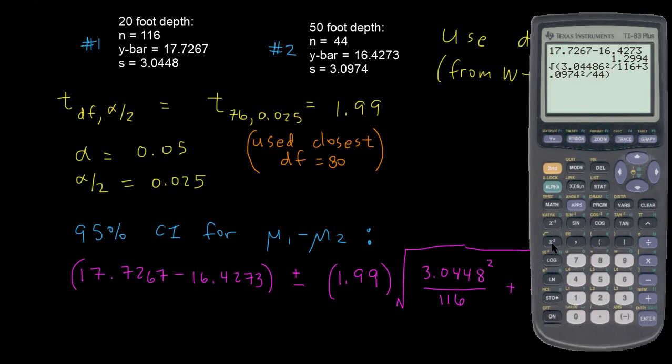So that is the standard error estimate there. And I'm going to need to multiply that. Can I just multiply by 1.99?